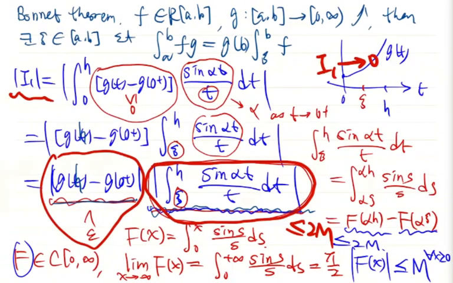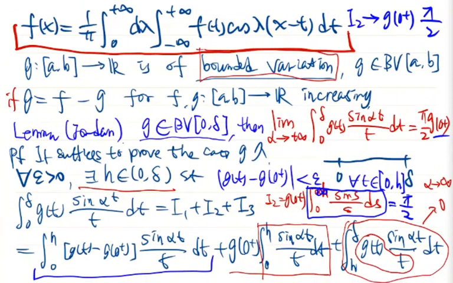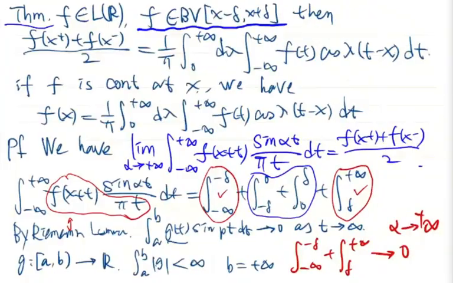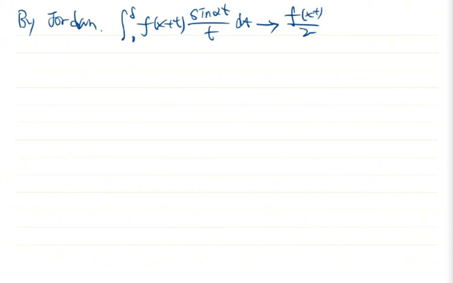Let's go back to have a look at Jordan lemma. Jordan lemma is that g is of bounded variation and the integral of g(t) sine alpha t over t. This is the integral in Jordan lemma. So in our case, our g(t) is actually f(x+t).